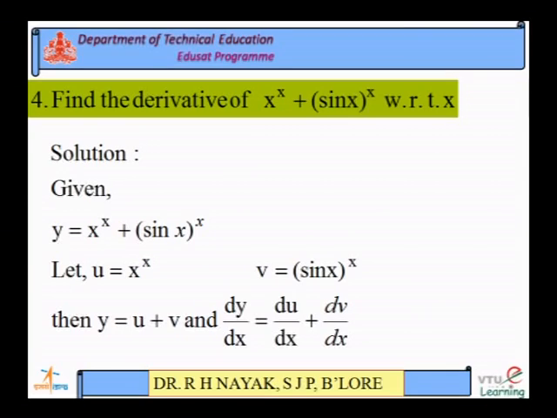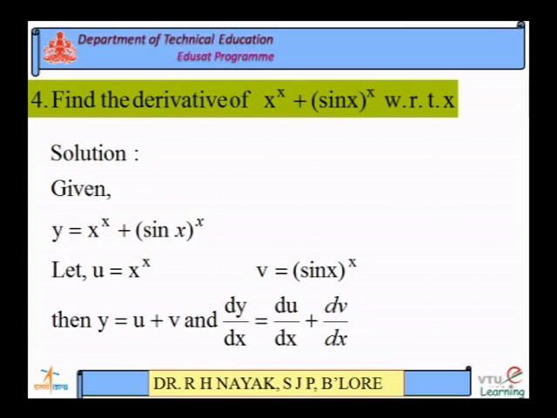So, y is equal to x to the power of x plus sin x to the power of x. Is it right? Here we have to take both separately, u plus v. So, what is u? I will take u is equal to x to the power of x, then another function v is equal to sin x to the power of x.